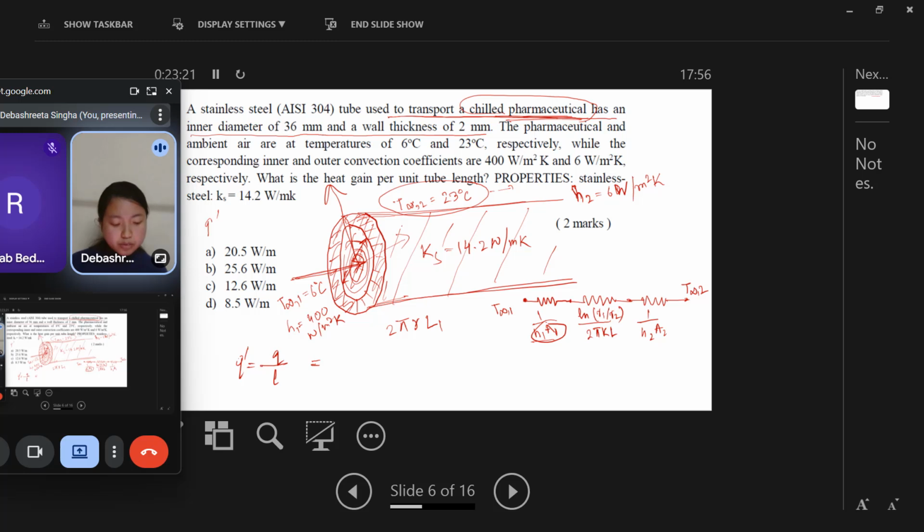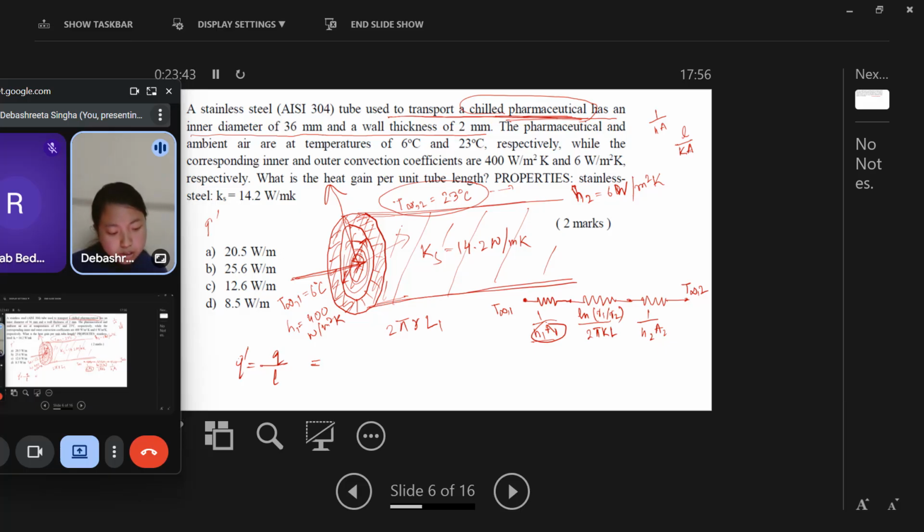I have not seen the assignment questions, but the resistance formula, for any resistance, we did it in the last class also, right? 1 by HA is the resistance for convection, and for conduction it is L by KA. You cannot change this. This is the formula for resistance.